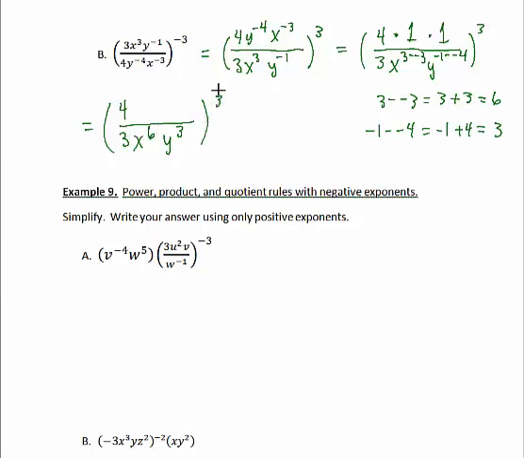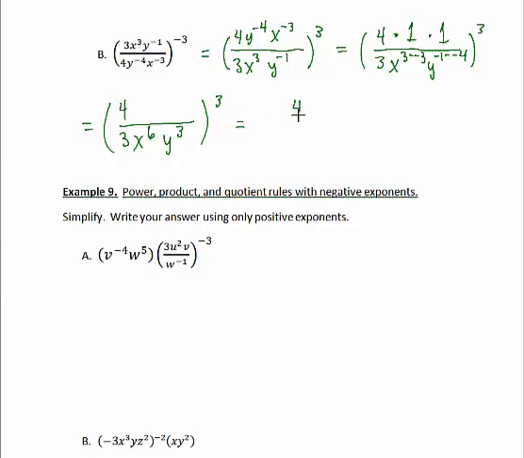And now all of our exponents are positive, including the exponent on the outside of the parentheses. From here on out, we will not have to move anything from numerator to denominator or vice versa.